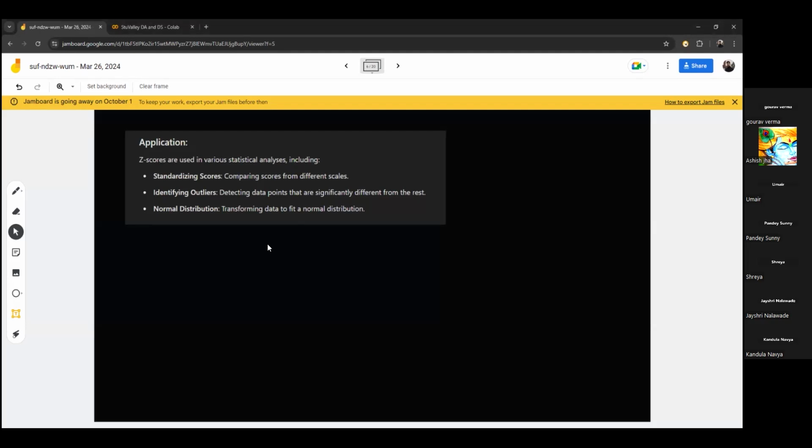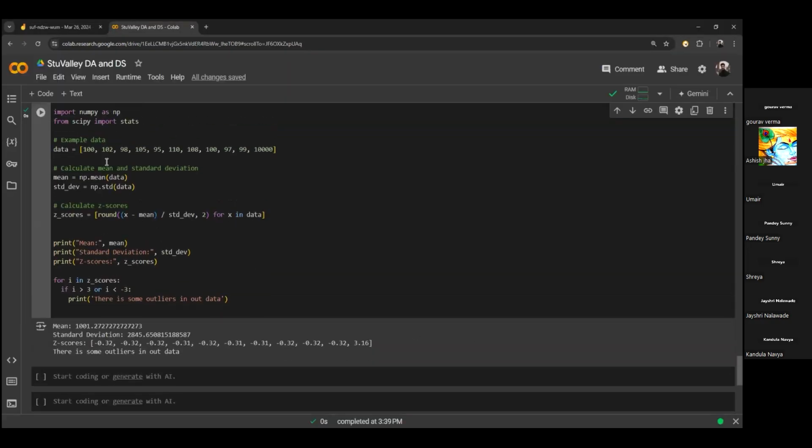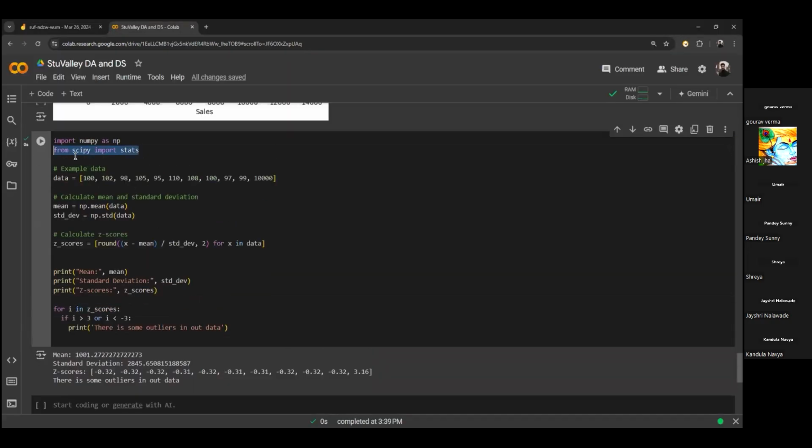शॉर्टेस्ट वे इसका ये है, हमारे पास एक बिल्ट इन, जैसे हमने यहाँ पे इंपोर्ट किया था scipy stats, so let's use this one also now.